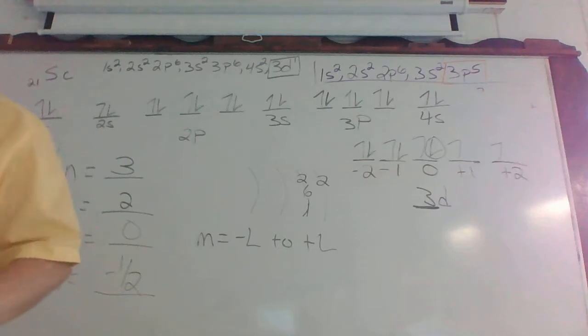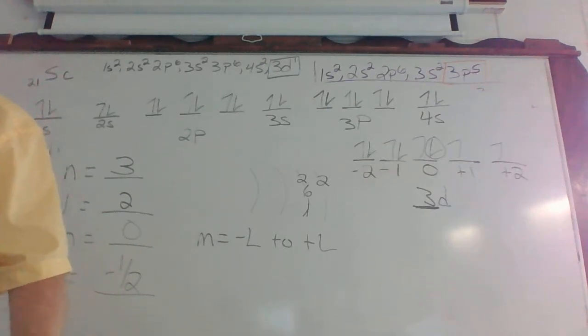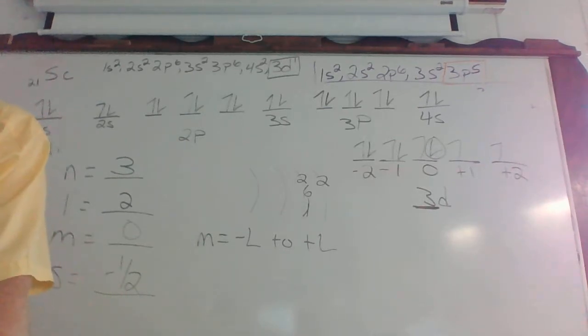And then finally, the easiest one to find, the spin quantum number on page 110. It just says an electron in an orbital behaves in some ways like Earth spinning on its axis. The electron exists in one of two possible spin states, which creates a magnetic field.